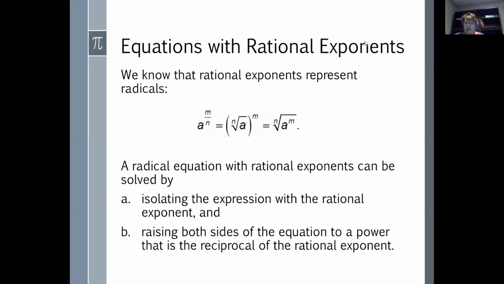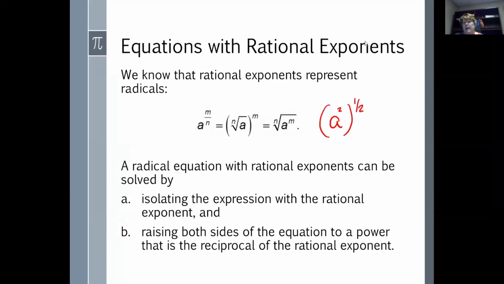To solve a radical equation with rational exponents, we're going to isolate the expression that contains the rational exponent, so we have the x to that power all by itself. Then we're going to raise both sides of the equation to the reciprocal of that rational exponent. Because let's say we have a squared, and we raise that to the 1/2 power.